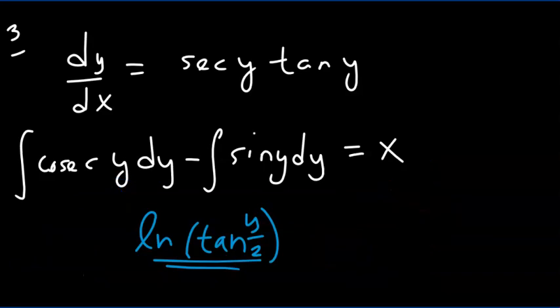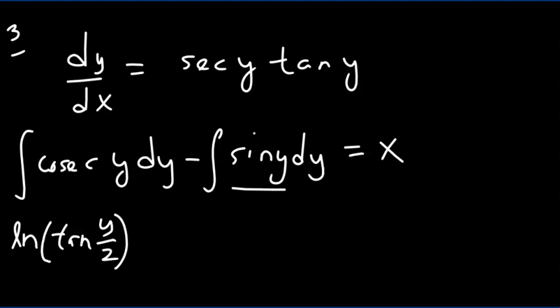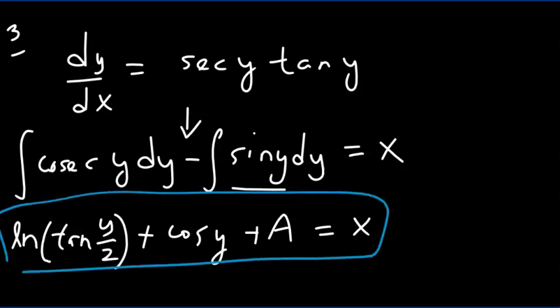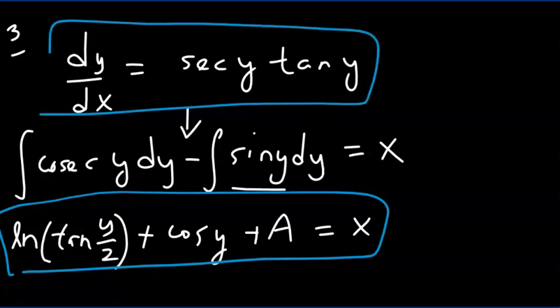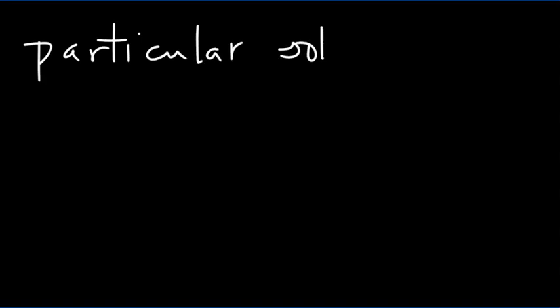So the first integral will give you natural log tangent y over 2. Integrating sine y with respect to y will give you minus cosine y. That minus will kill this minus and will give you plus cosine y plus an integration constant equals 2x. And this is the general solution of this first-order differential equation. You note this general solution contains an arbitrary constant a. In the next examples, we shall talk about particular solutions to differential equations.